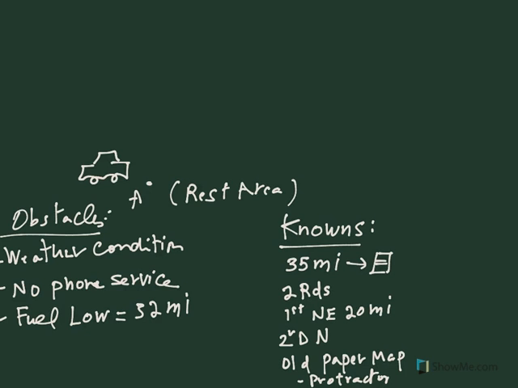So he stopped at the rest area to use his math skills to figure out the best way to reach the gas station, with the available tools he has and the knowns.